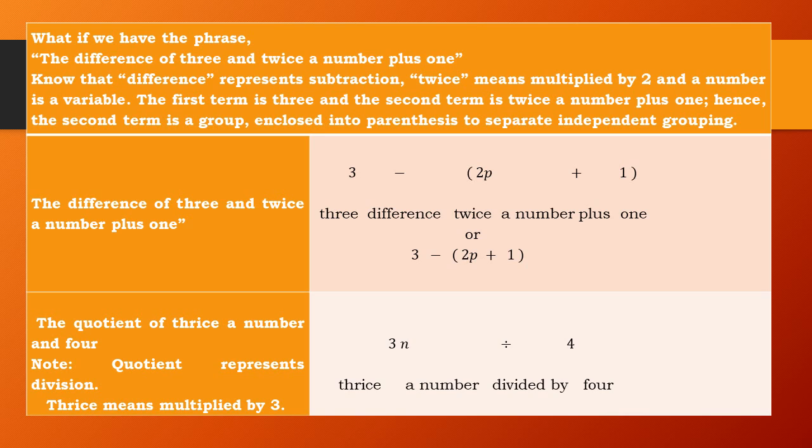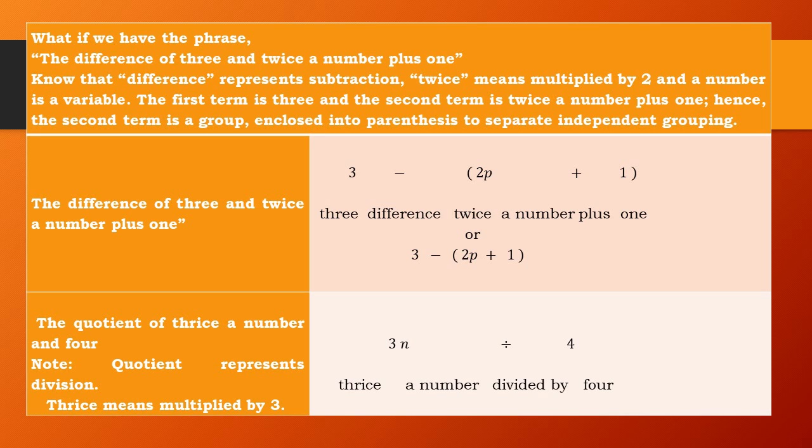So the first term there is 3, and since the operation we are going to use is difference, that is minus. The second term is a number plus 1, any variable plus 1. Since there is twice a number, we have 2, then the variable, then plus 1.